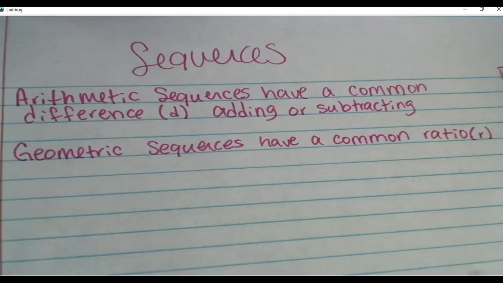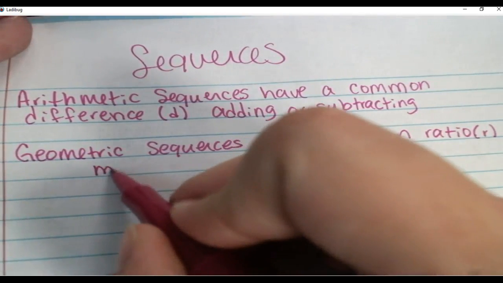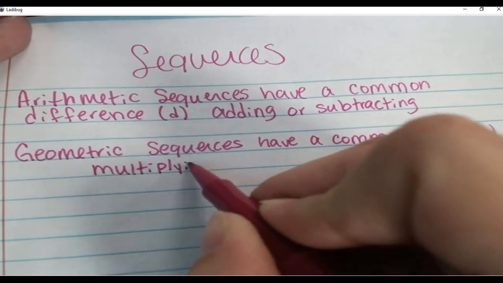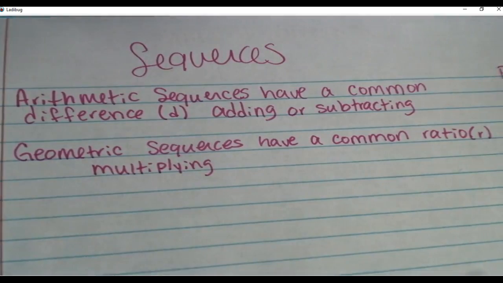So what operation do you think about when you think about ratio? Division. So a geometric sequence is multiplying. Okay. But it does not include dividing.